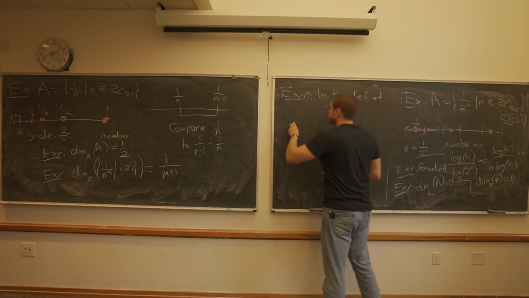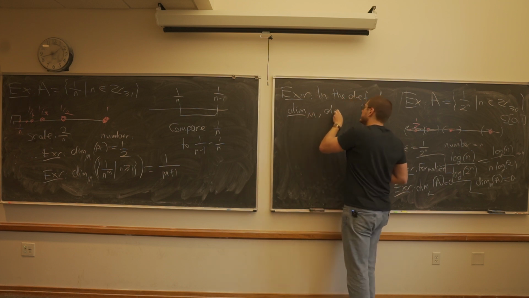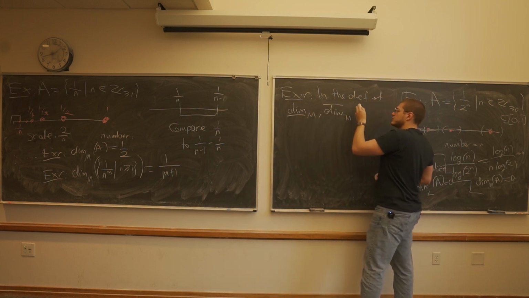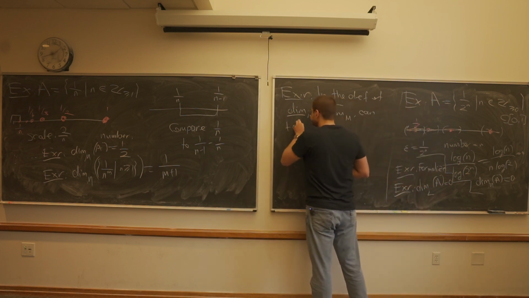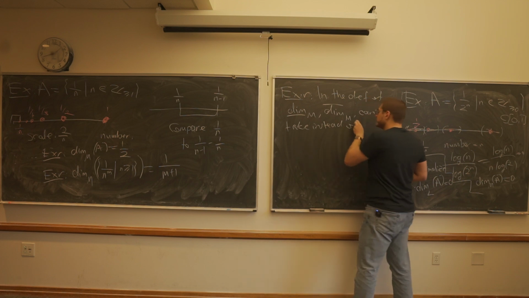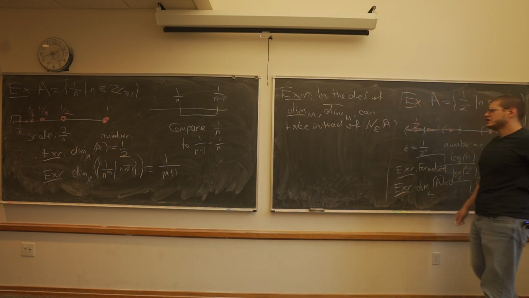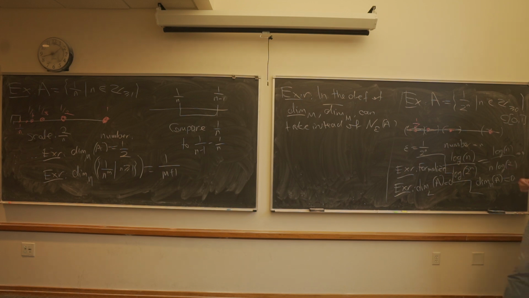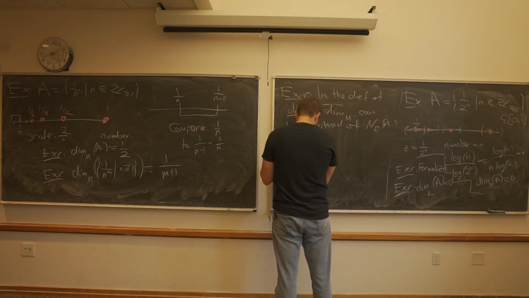In the definition of lower Minkowski, upper Minkowski, one can take, instead of an epsilon of A, this number of coverings, you can take, okay, what is it called?